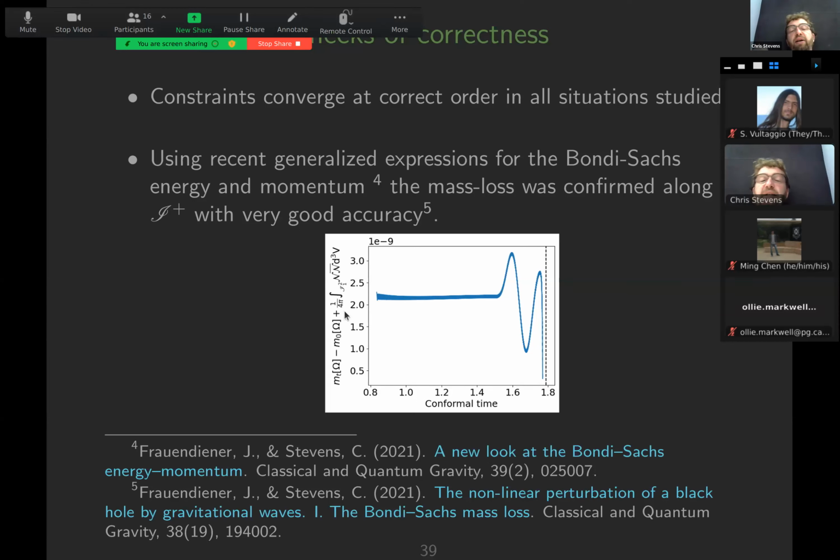So the point of that is saying that the mass is going to be decreasing if you have gravitational radiation. So that was the Bondi-Sachs mass loss. I won't go into that in too much detail, but we're confident our system works.